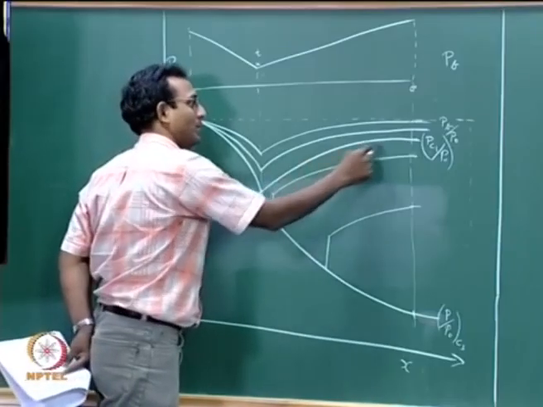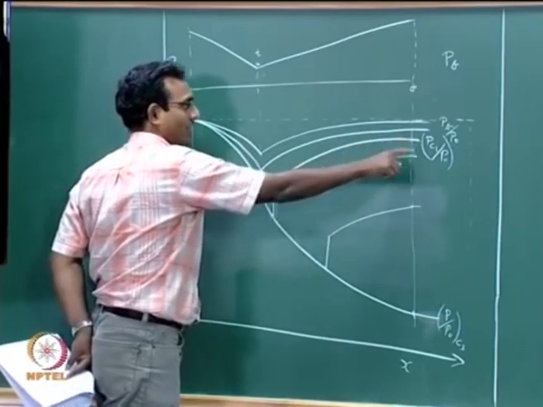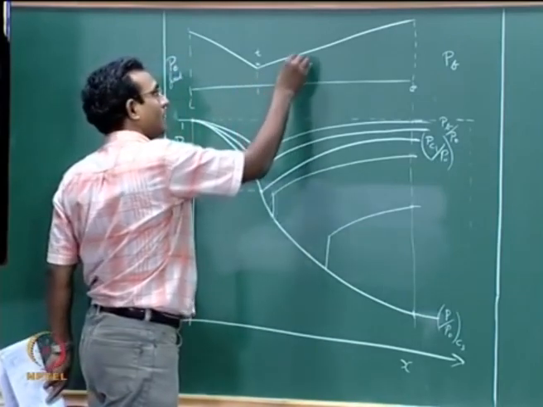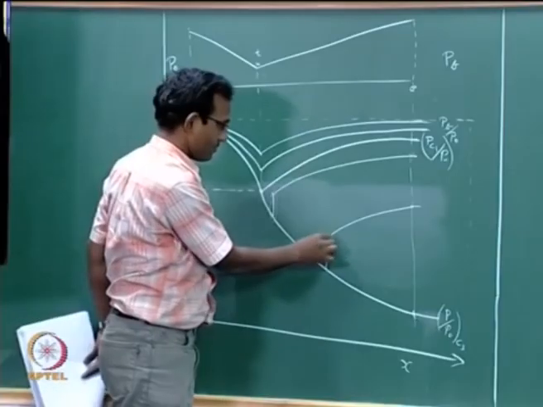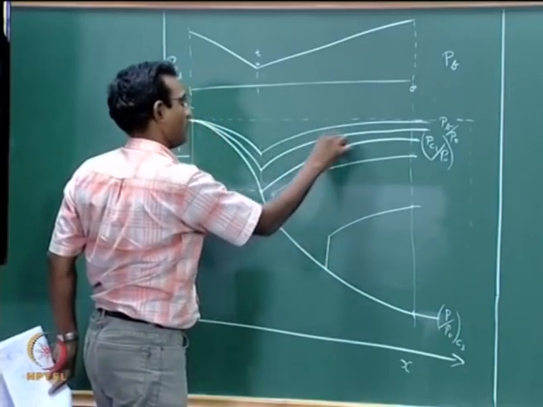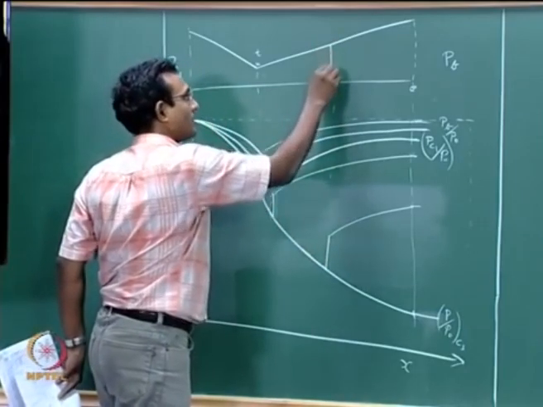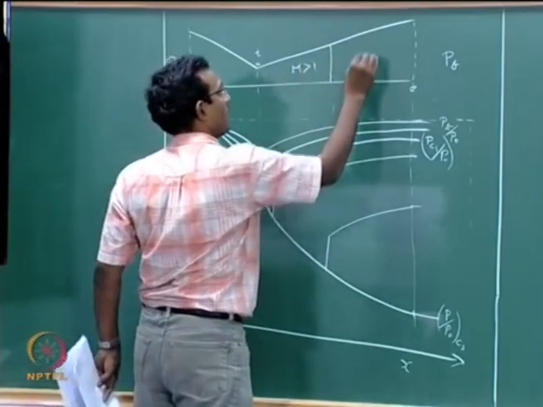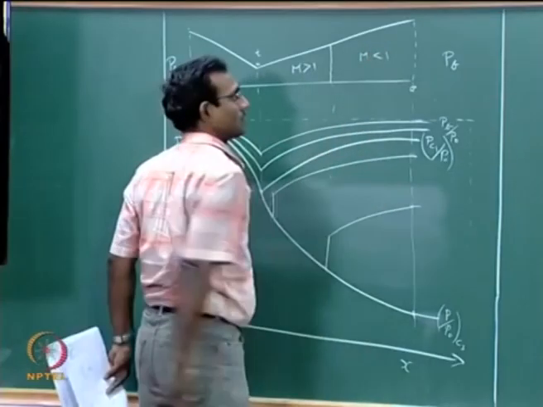It will take this particular path if it is fully subsonic, but that will not reach any of these values. So it will take a supersonic path up to some particular location. Let us say we will talk about this particular curve. Somewhere here there will be a shock; till here it is M greater than 1, after that it is M less than 1.